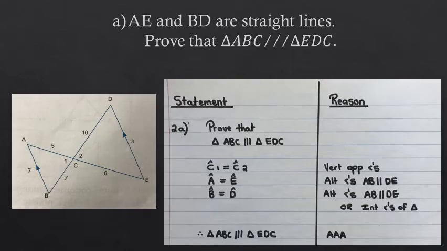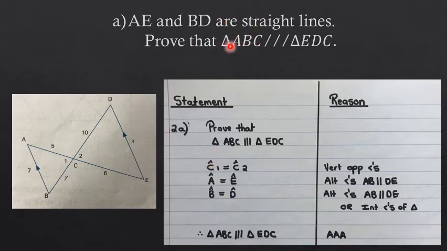Okay, so number A said, prove that triangle ABC is similar to EDC, and we said we're going to do that through angle, angle, angle. Okay, so again, sorry, I forgot to write here: in triangle ABC and triangle EDC, colon, you're going to start. Now the link here is the write-up.